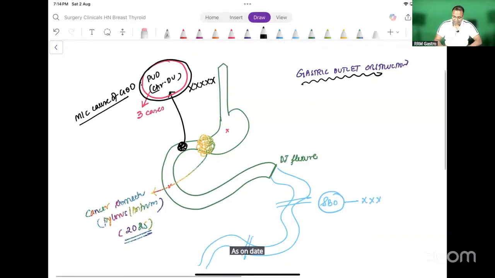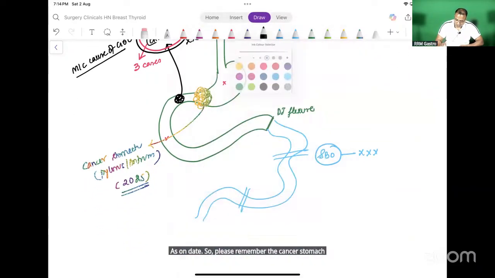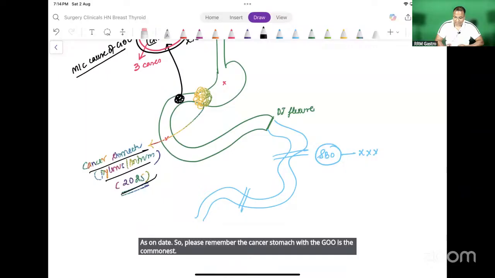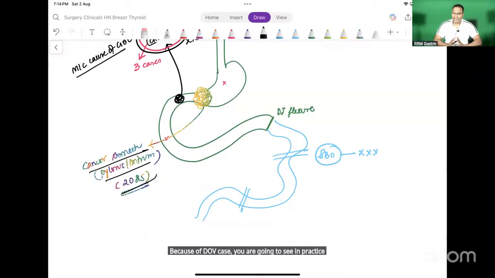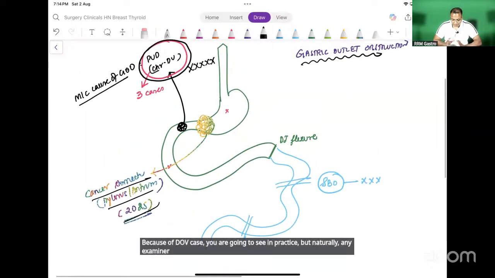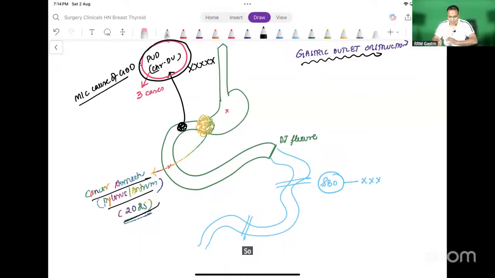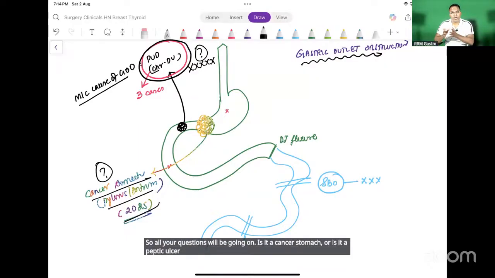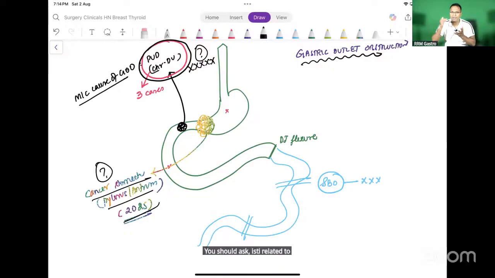So please remember that cancer stomach with GOO is the commonest cause of GOO you are going to see in practice. But naturally, any examiner will want to compare cancer stomach with peptic ulcer disease, so the questions will be: is it a cancer stomach or is it a peptic ulcer? Therefore, when you are presenting a case of GOO, you should ask history related to cancer and history related to peptic ulcer.